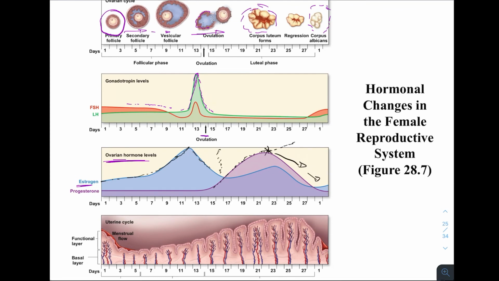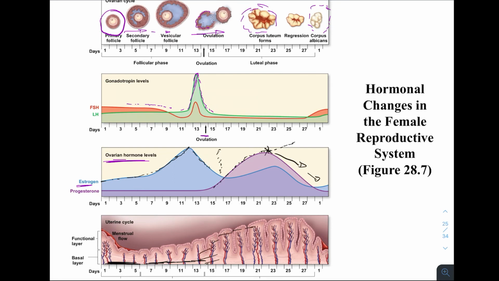And then here we see the menstrual flow, and we see that typically days 1 through 5 have that menstrual flow, followed by a thickening of the endometrium. And then what we see is on day 14, once ovulation takes place, that corpus luteum makes a lot of progesterone.